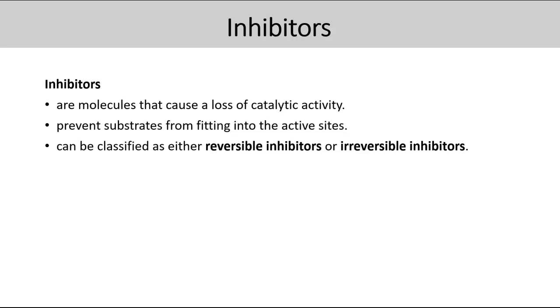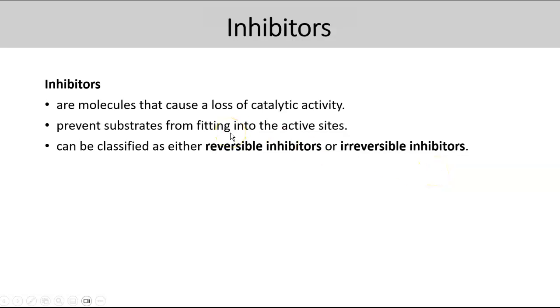There are some molecules called inhibitors, and they will decrease this catalytic activity, or negatively affect it. They can prevent the substrate from binding to the active site of the enzyme. And there are two types of inhibitors called reversible inhibitors and irreversible inhibitors.